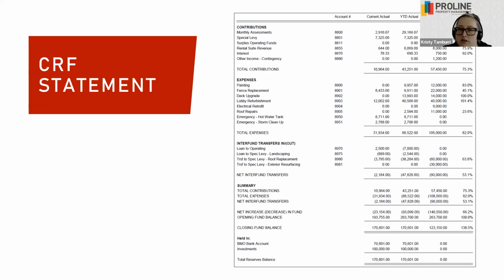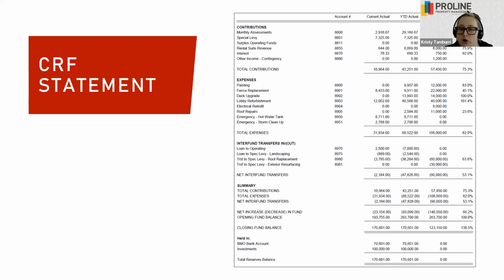And then lastly, of course, there is a summary that shows total contributions, total expenses, those potential interfund transfers. It shows the increase or decrease based on the period, what the opening balance was, and what the closing balance is. It's important to note that some strata corporations choose to invest some of their contingency reserve fund monies.